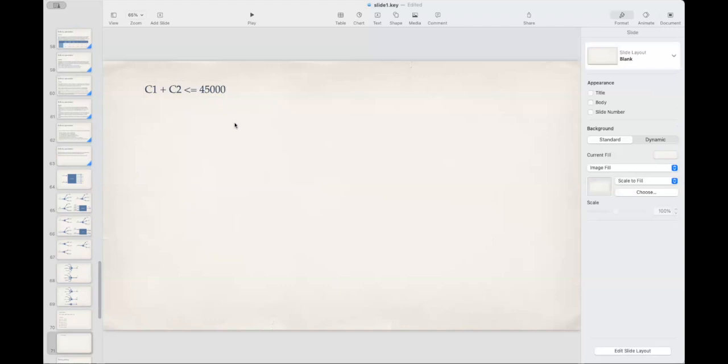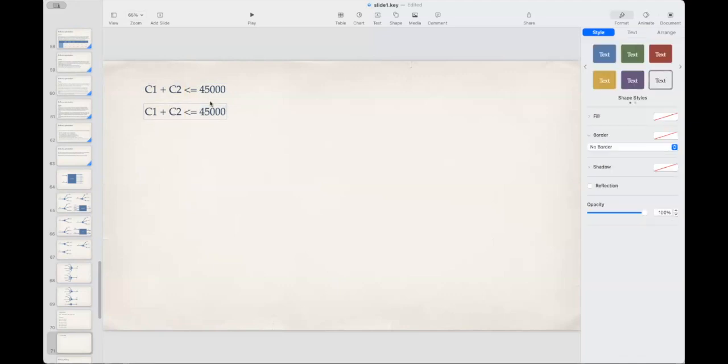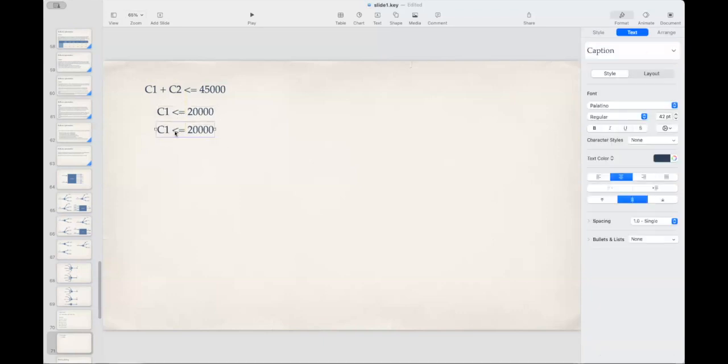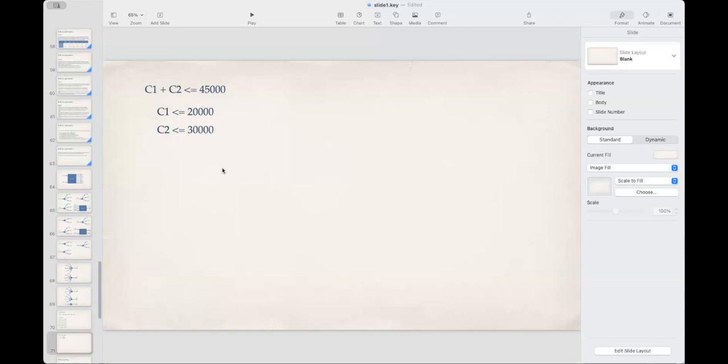Okay, good. And for C1, we see the availability of C1. C1 must be less than or equal to 20,000, right? And we also have a similar availability constraint for C2. What is it? 30,000. Okay, good.